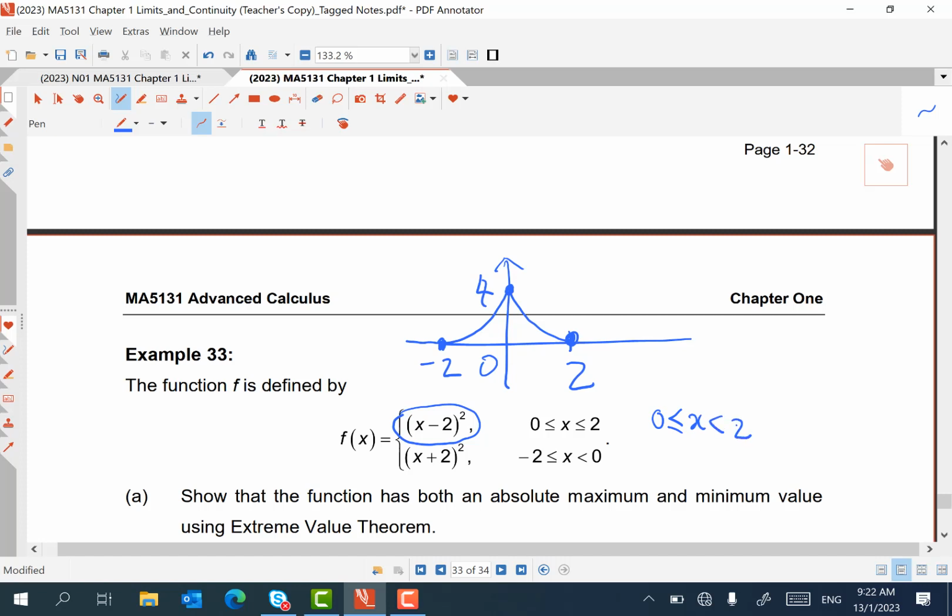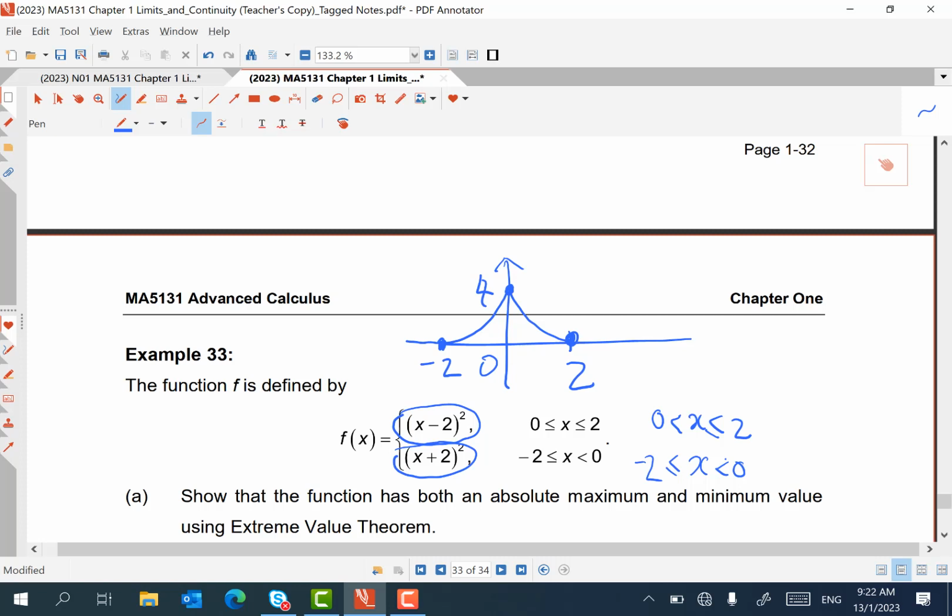Why is it for sure? Because it is a polynomial. Likewise, sorry, I made a mistake, you can be sure that it is continuous on this interval as well. So you're very sure that the function is continuous over -2 to 0 and 0 to 2 except the point 0.